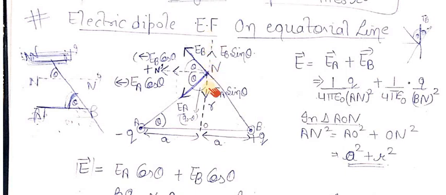Our concept is based on this part, right? Because our resultant is along this component, we will take only the component along the resultant, not the perpendicular one, right?